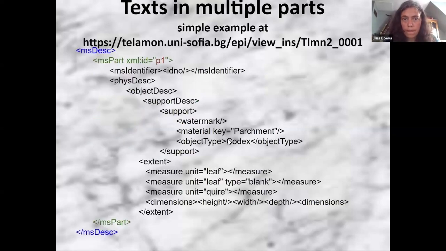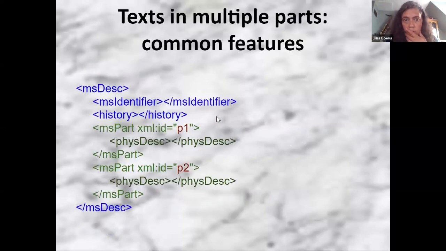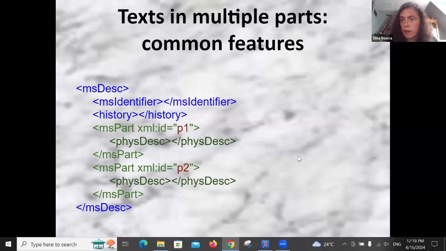Let me show you. Yep, and of course you can have different descriptions on these different parts, because one part can have one physical description and another part can have another physical description. Let me see. I don't have an example for this.